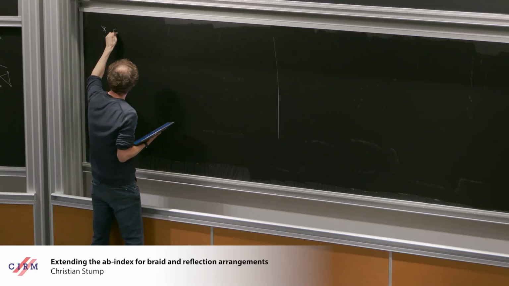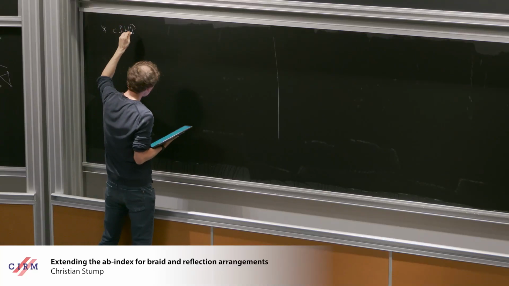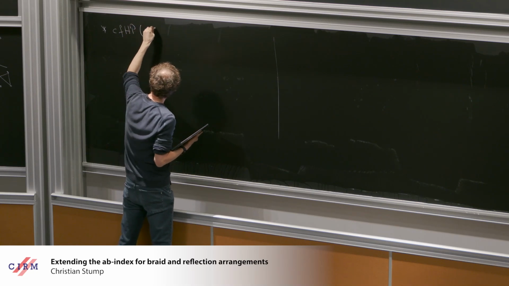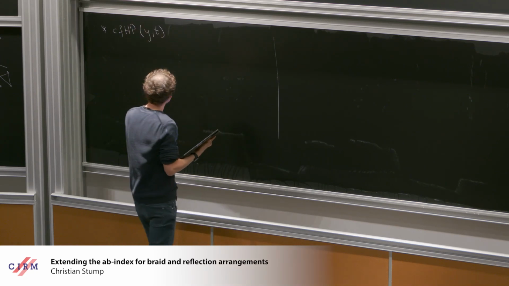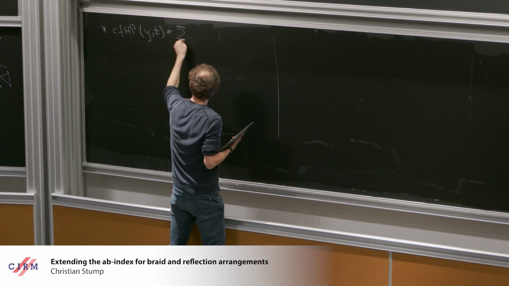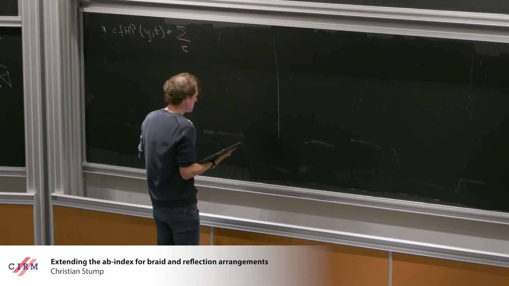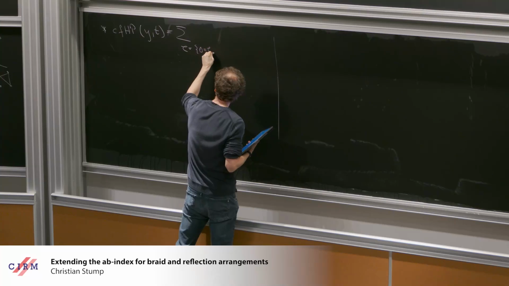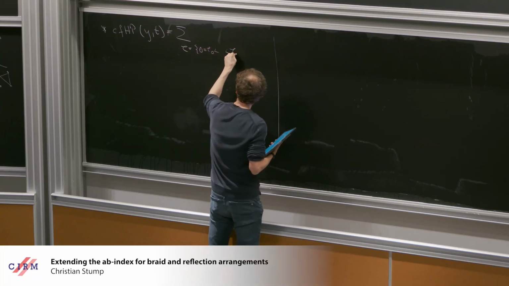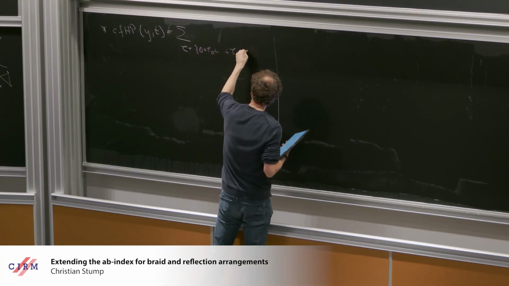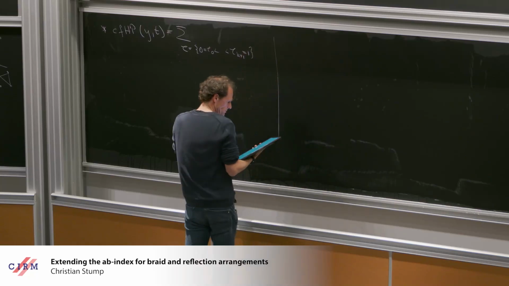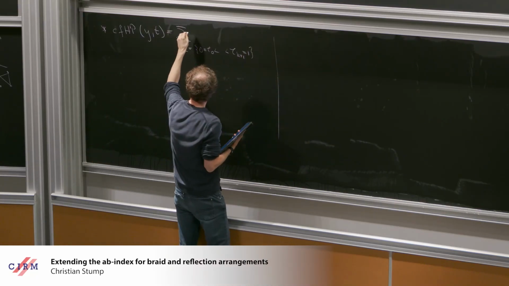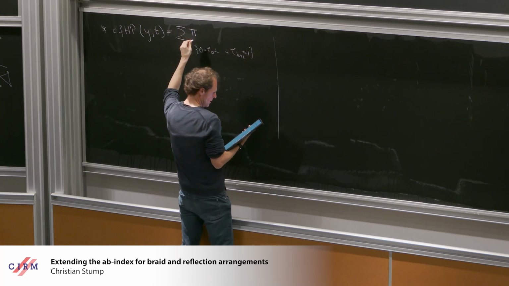So we have CFHP. It's a polynomial in two variables, y and t. And you sum over all chains. But in this case, you want to start with 0 and end with 1 anyways. And then you take the Poincaré polynomial of this chain.